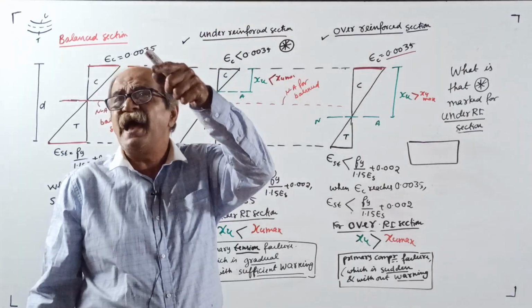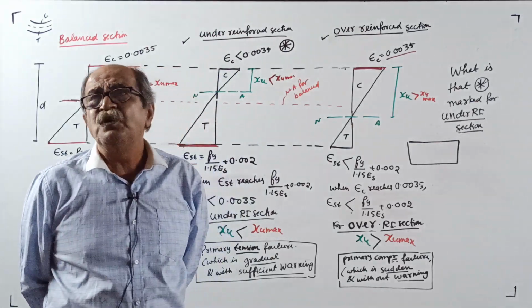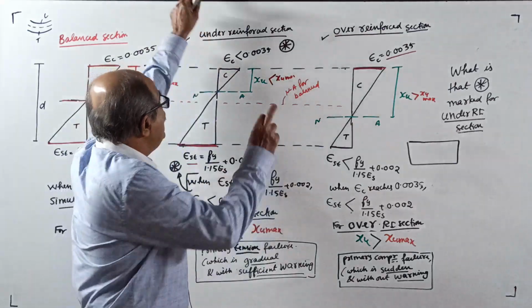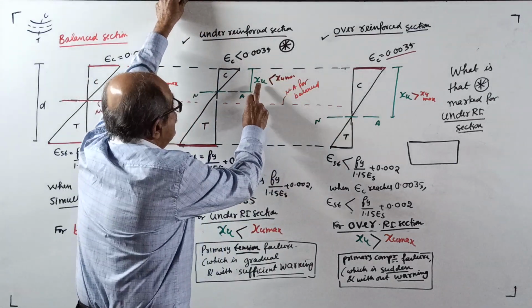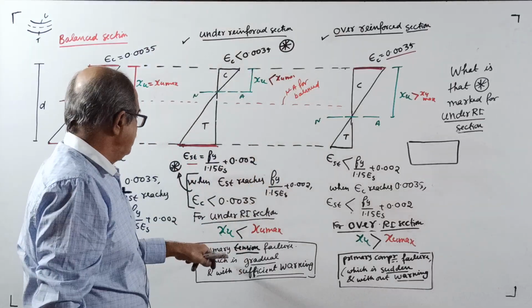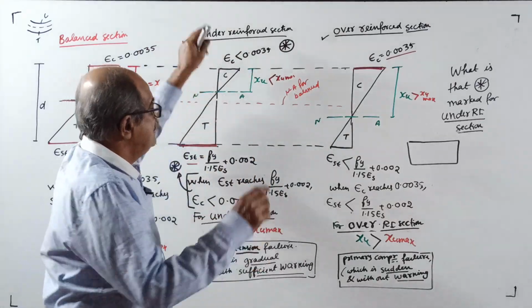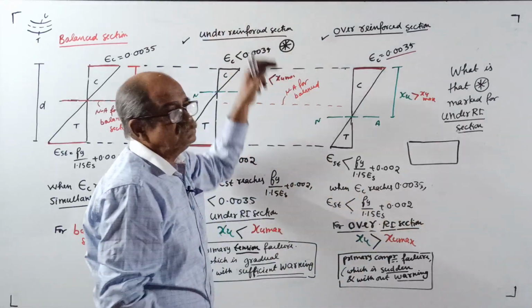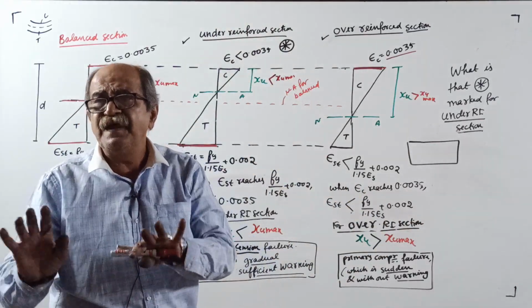Then find XU max, the depth of neutral axis for a balanced section. Compare XU with XU max. If XU comes less than XU max, write cross section is under reinforced. If XU comes more than XU max, write cross section is over reinforced. Then what to do, I will tell at that time.